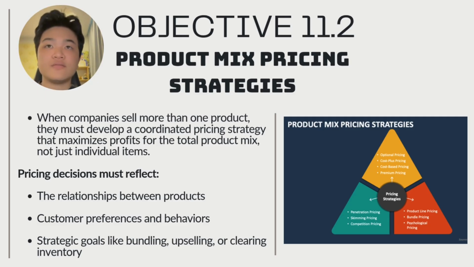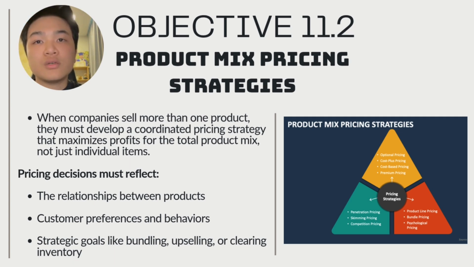In Objective 11.2, we explore product mix pricing strategies. These are used when a company sells multiple related products, not just a single item. Instead of setting price for each product in isolation, businesses consider how products relate to each other in terms of features, customer usage, and overall profit.